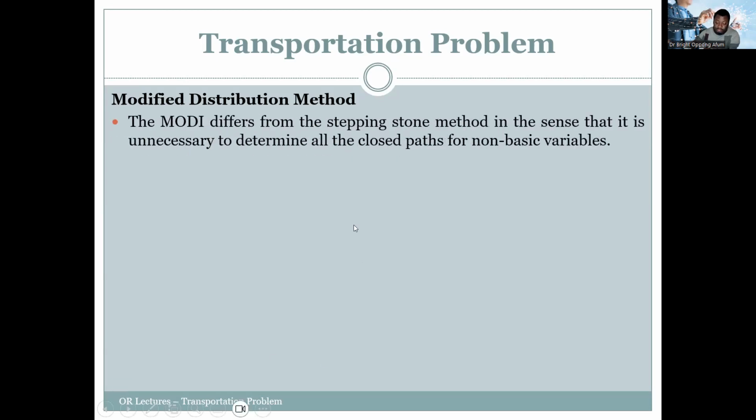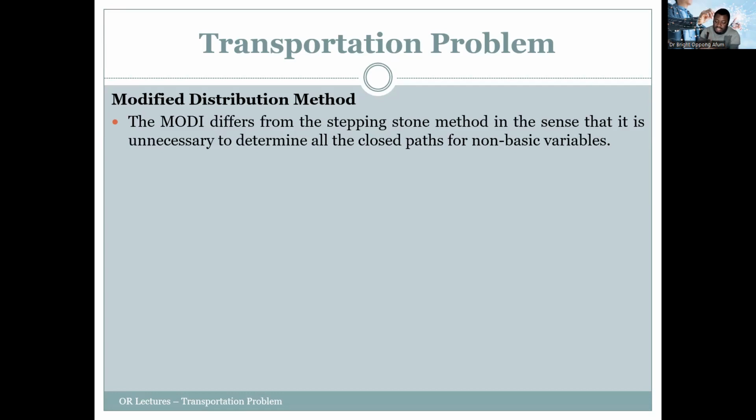The modified distribution method, in finding the optimal solution of a transportation problem, differs from what we did in our previous lecture, the stepping stone method, in the sense that in the stepping stone method, we have to evaluate all the non-basic variables, or all the empty cells in the tableau.